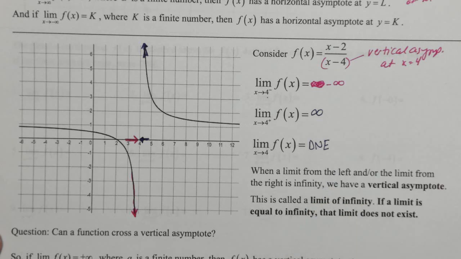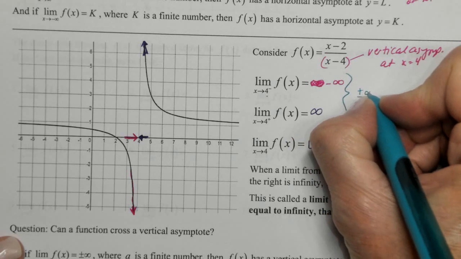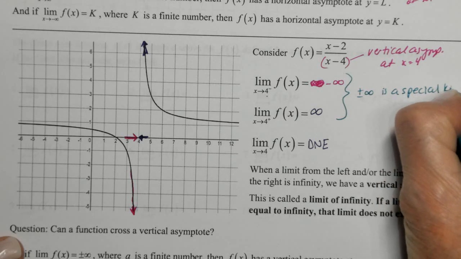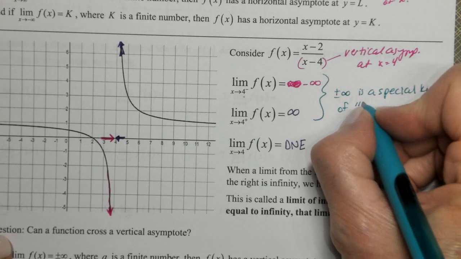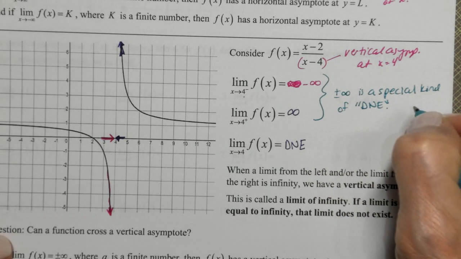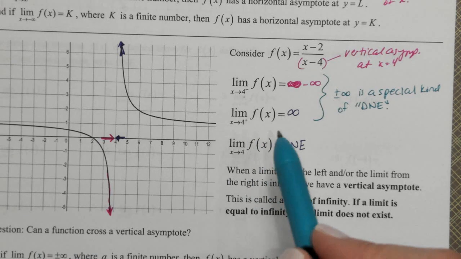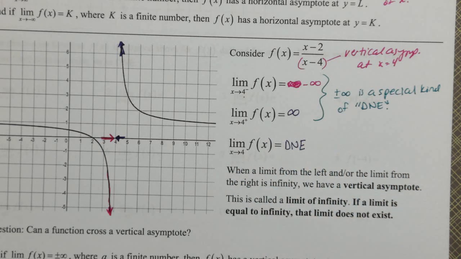Infinity is a special kind of does not exist, very similar to a square being a special kind of quadrilateral. Infinity is a specific kind of does not exist. There are other kinds of does not exist, but infinity is one of them. Negative infinity is one of them also.